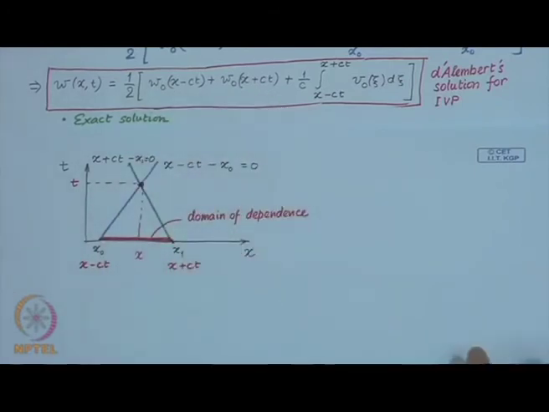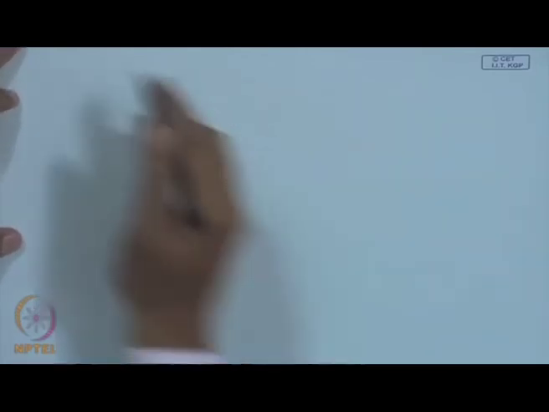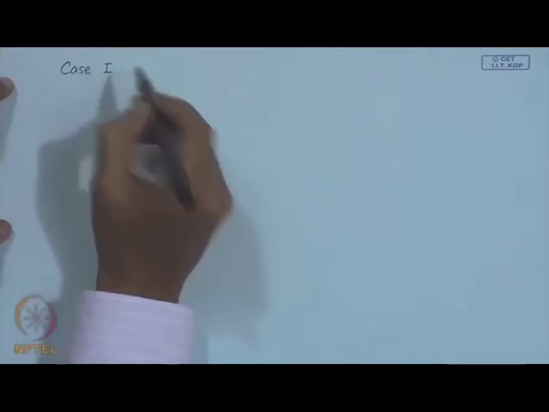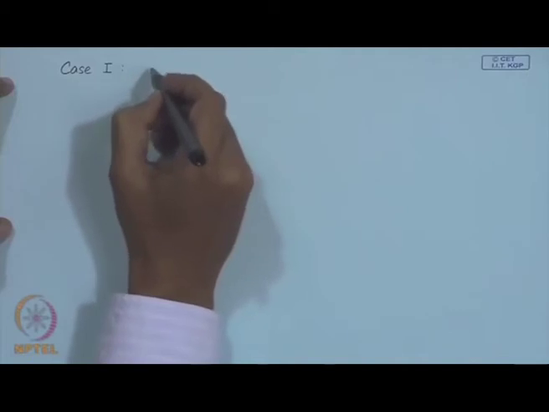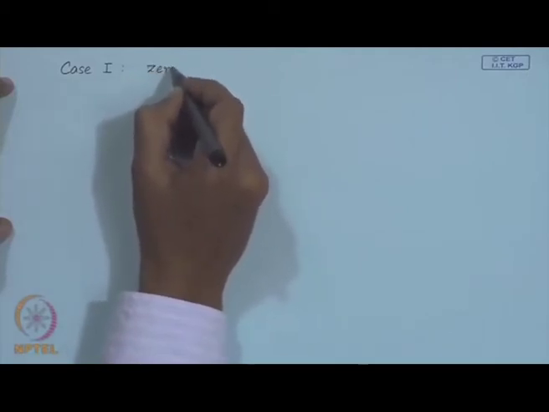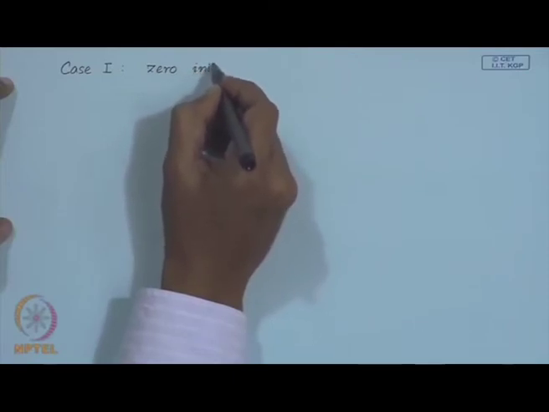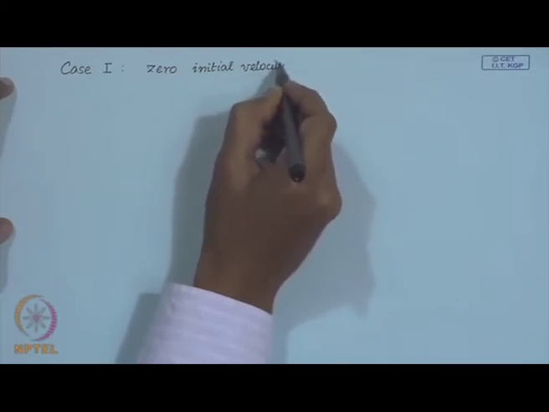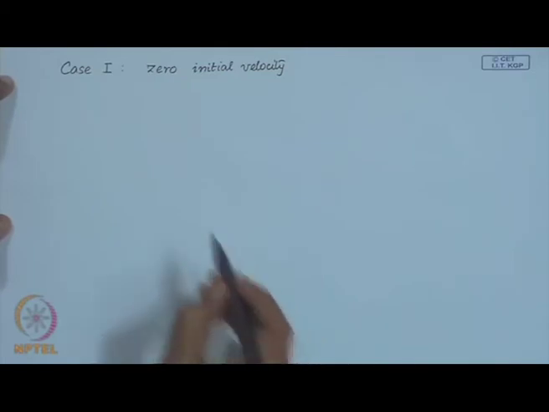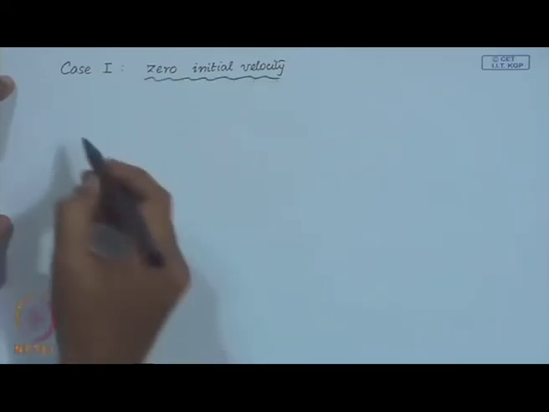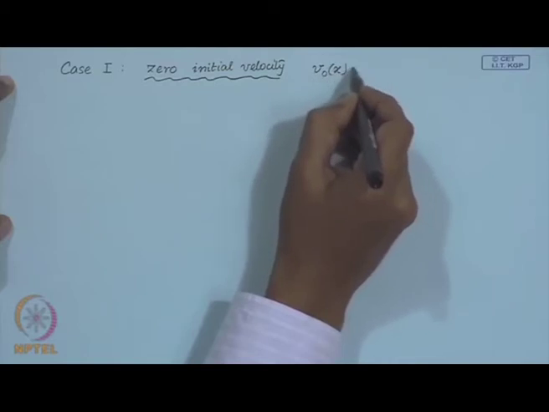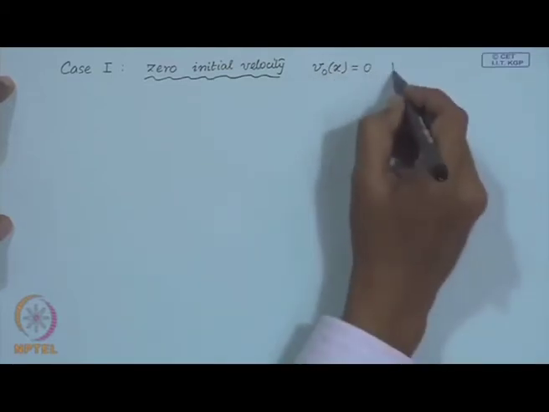So, let us consider these two cases separately now. Let us consider the first case with 0 initial velocity, which means that this is 0 for all x.